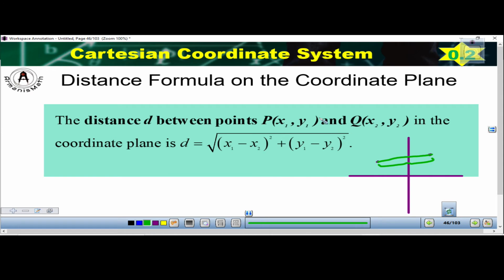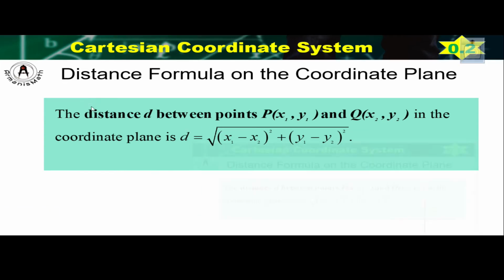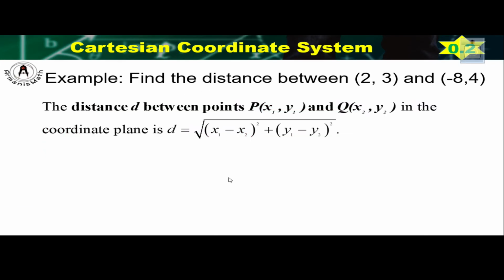Okay, so basically you have to label your points. And it doesn't matter which one is point 1, point 2, as long as you stick to your choice until the end of the problem, you should be fine. But the distance formula is the square root of the difference in the x's squared plus the difference in the y squared.